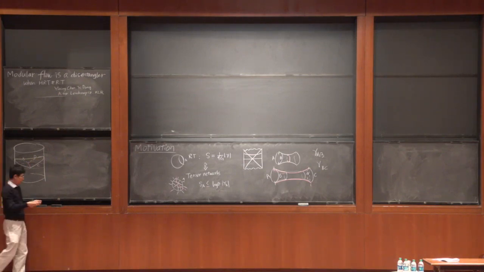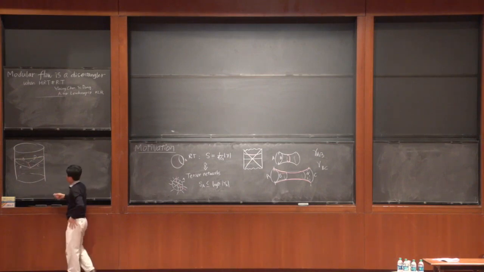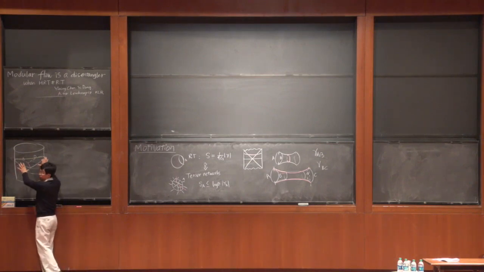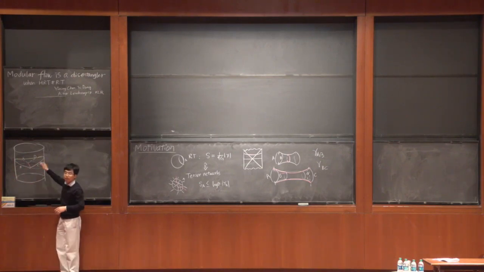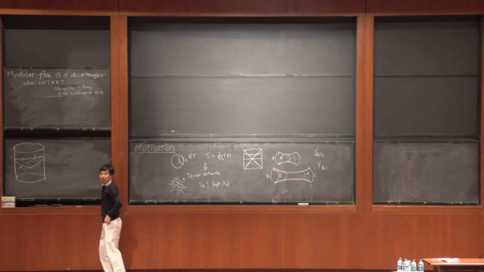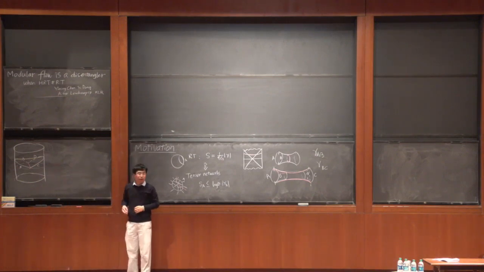So that tells me there is something different for this state compared to the state that you get by, say, cutting like this. There's some difference between these states. So the question is, how do I quantify these differences?